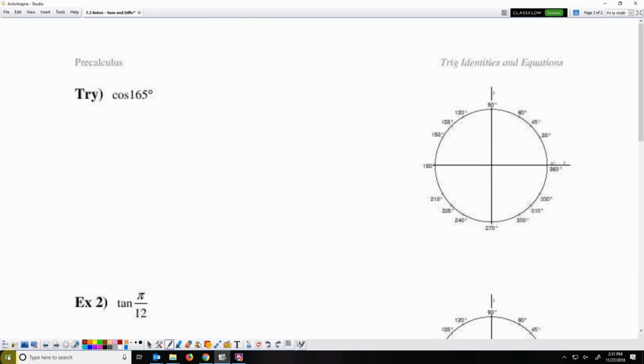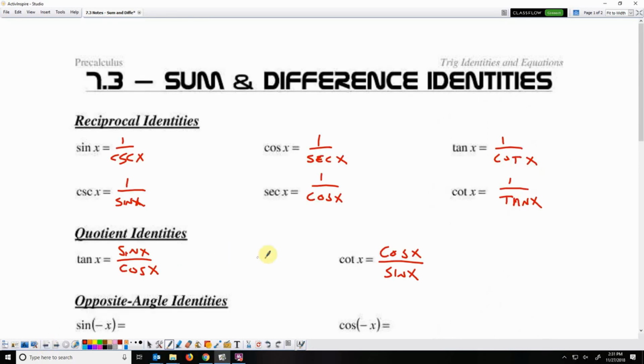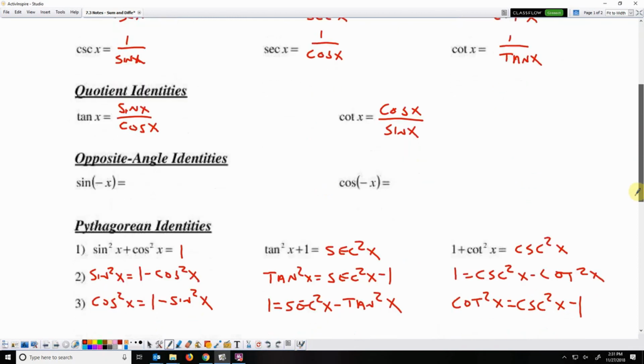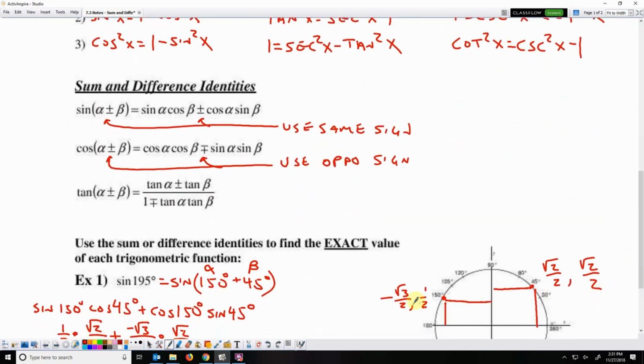Cosine at 165. 165 is not on this unit circle, but we could use maybe 135 and 30. This time we are going to use the cosine sum and difference identity, which is cosine alpha, cosine beta, minus or plus, meaning opposite sign, sine alpha, sine beta.